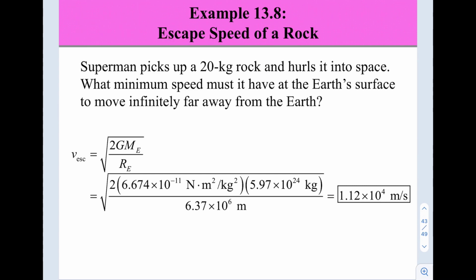That is why we call it escape speed. Whether it's a 20 kilogram rock, a 100 kilogram rock, or a building, a ton of it, it doesn't matter. If you manage to reach this amount of V initial, the object will surely soar off, not to return to the Earth anymore.